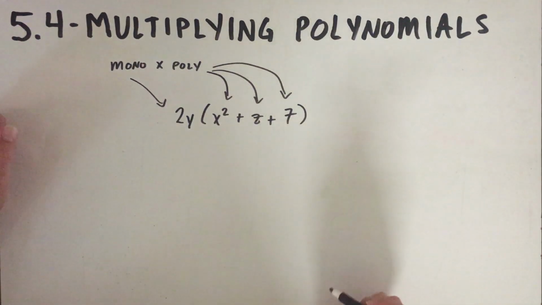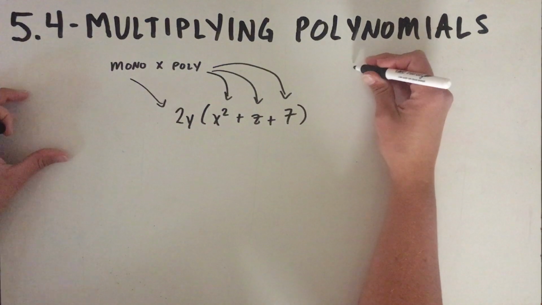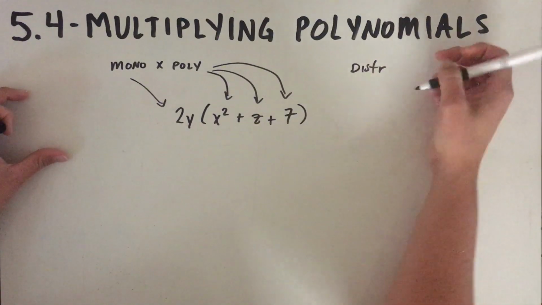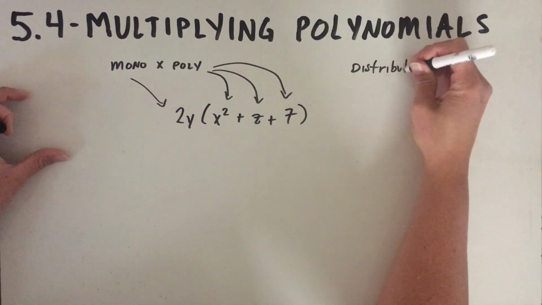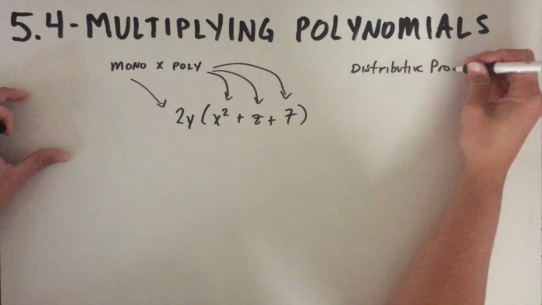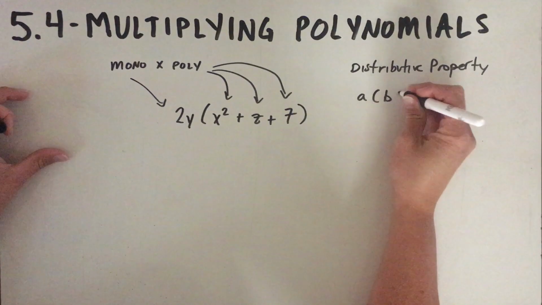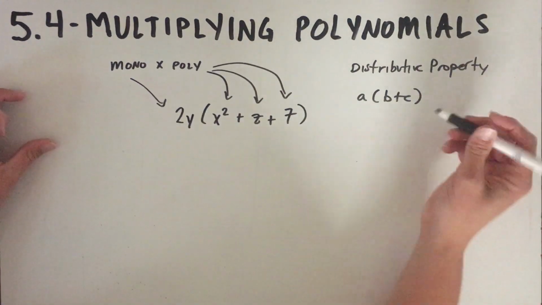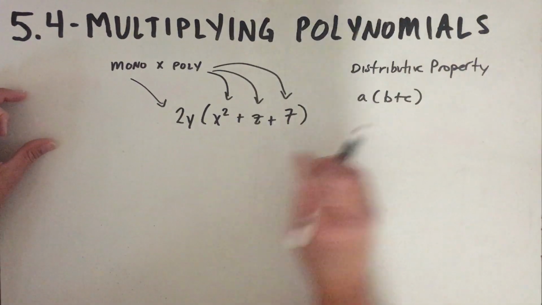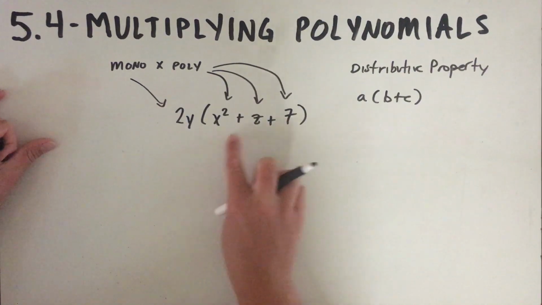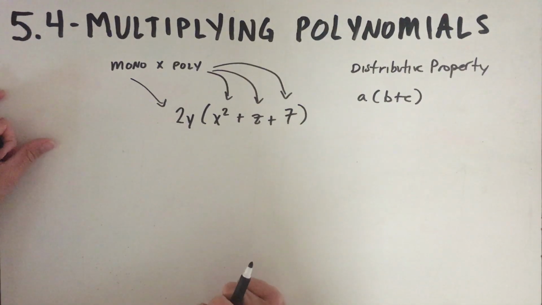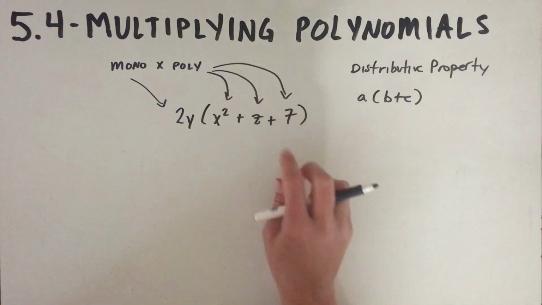Okay, so what we're going to do here is we are going to use the distributive property. The distributive property says that if you have one thing and you want to multiply it following the order of operations, I should be adding these together inside of here, right? Parentheses says do me first, but x and z and 7 are not like terms, so I can't add them together.